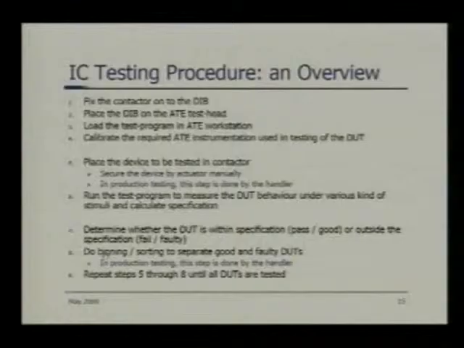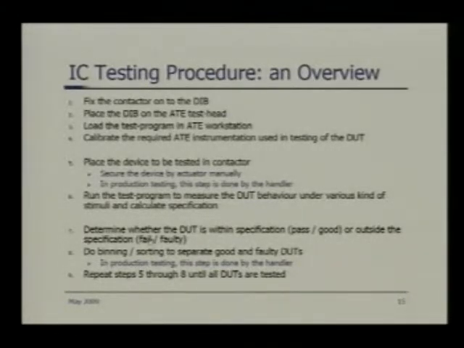Now, for each test, you determine whether your circuitry is meeting the specification, whether the gain or the RF output power. If it doesn't meet the specification, you break the process and declare that the circuit is faulty, and you want to go to the next device. That part is also automated.